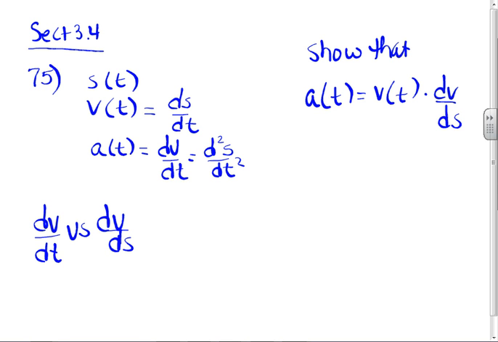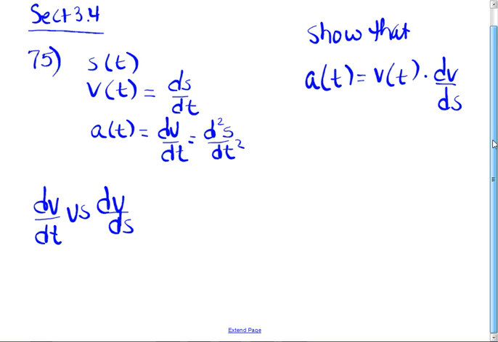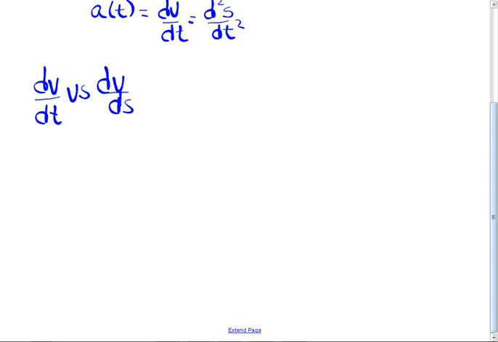Maybe we should answer that question first, because maybe that's what some of the problem is. What is dv dt? Remember, a derivative is how something changes as something else changes. So this is the change in the what?